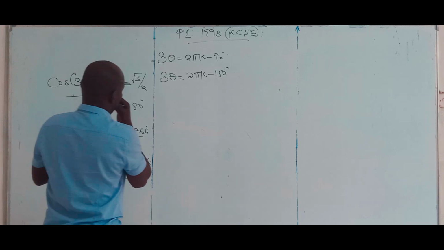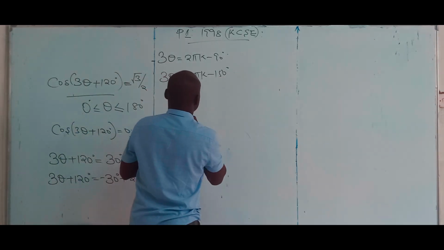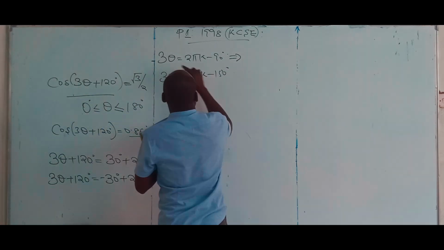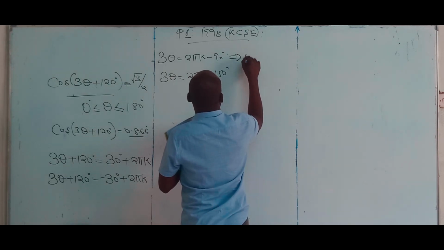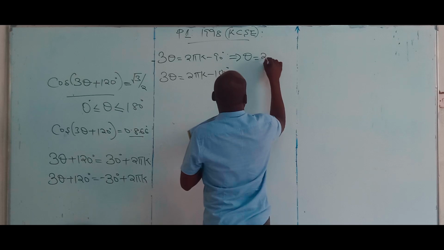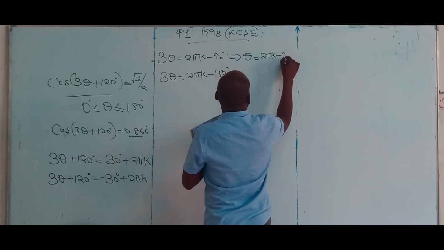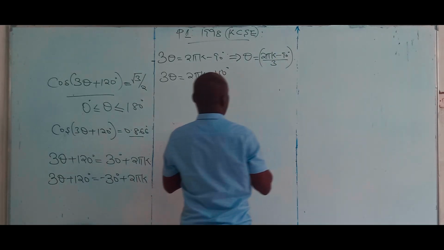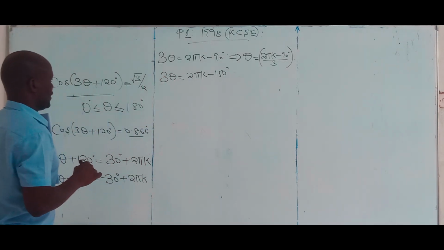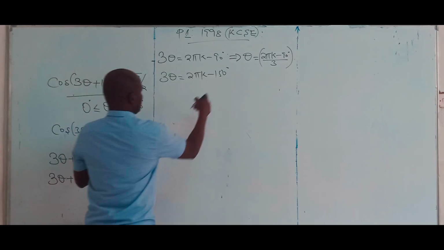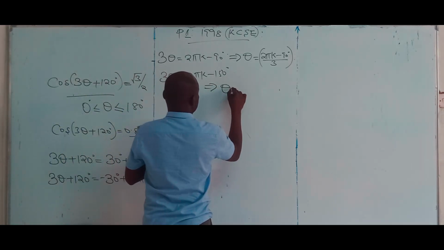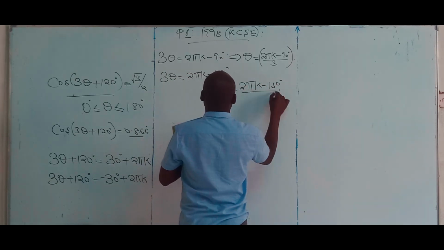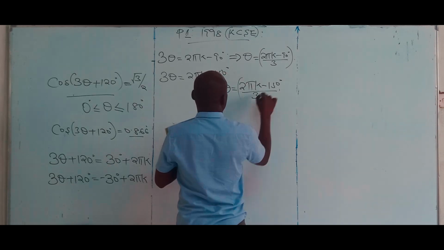So theta in each case will be: theta equals 2 pi k minus 90 degrees all over 3, and theta equals 2 pi k minus 150 degrees all over 3.